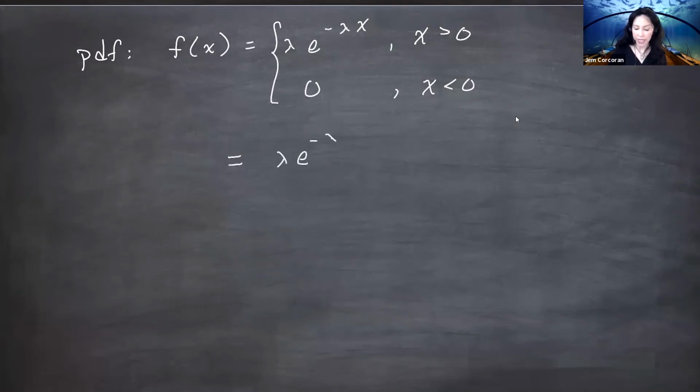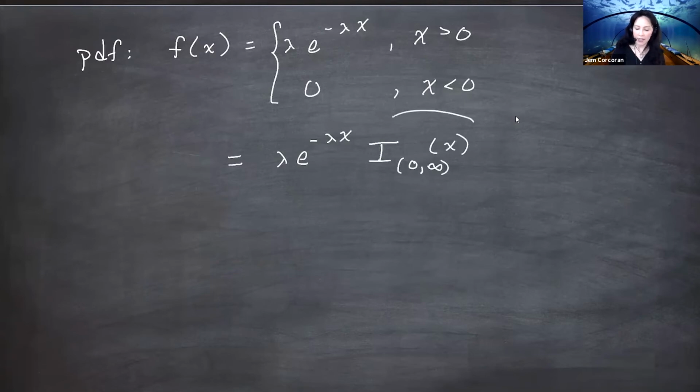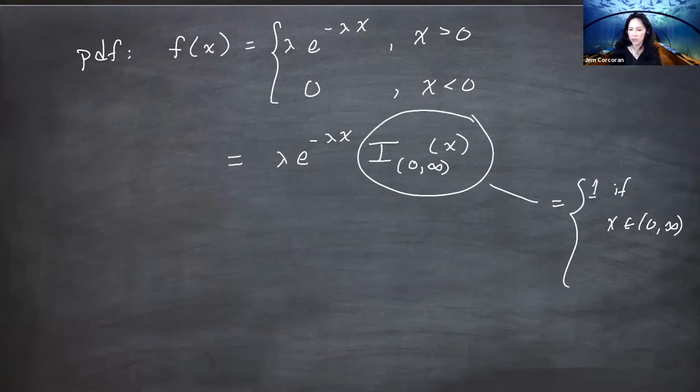You do not have to do this, and it's not going to come up very much in this course like it does if you take, say, mathematical statistics with me. But I can write this with this function I on 0 to infinity of x. This is a function that takes on the value 1 if x is in that interval, and 0 otherwise. So it's just a compact way of writing down these two cases.